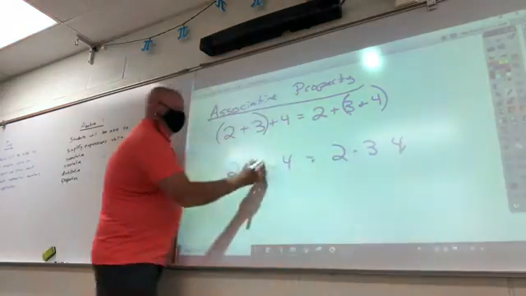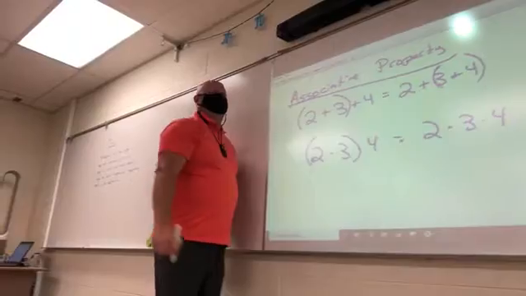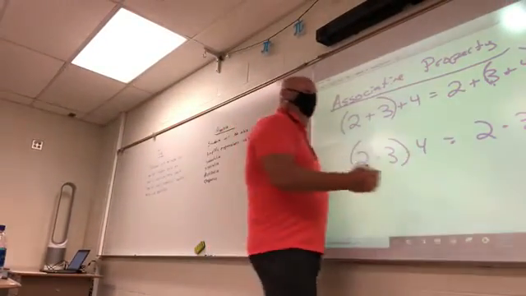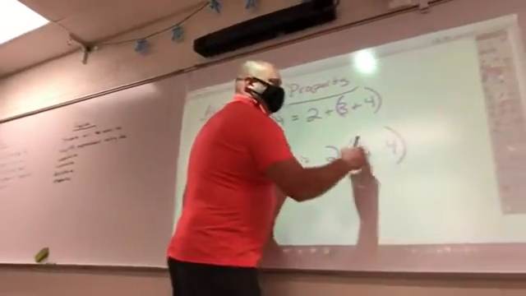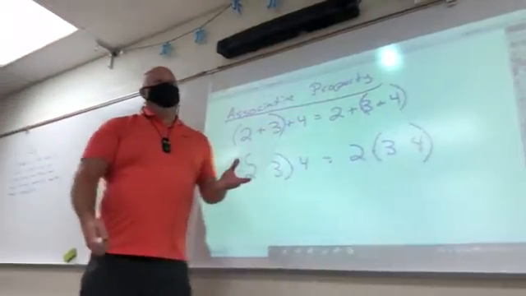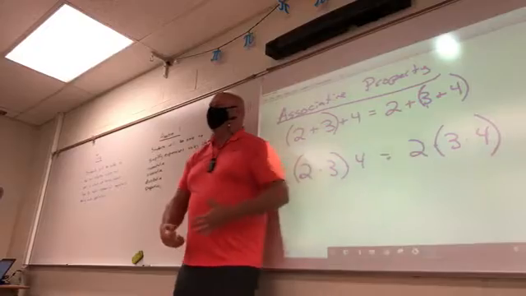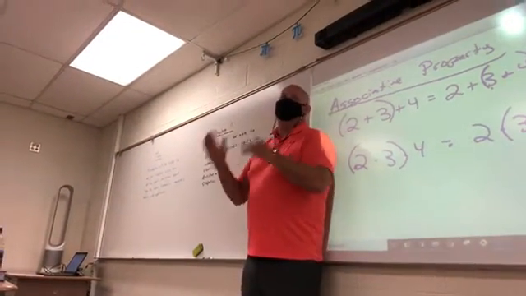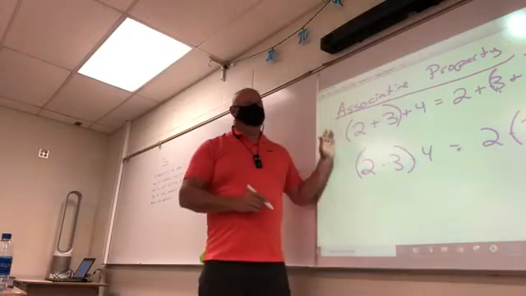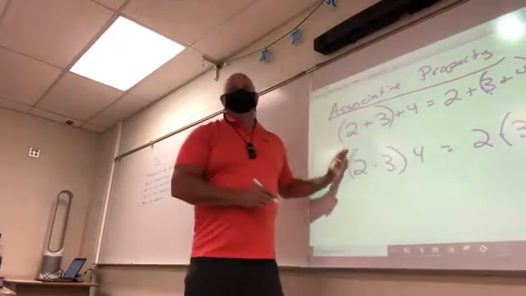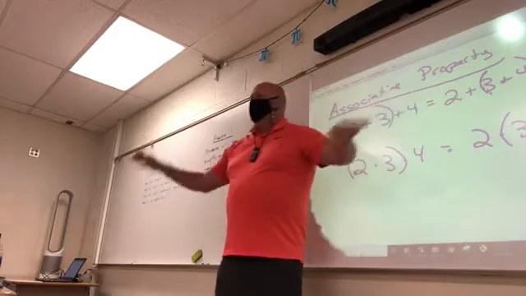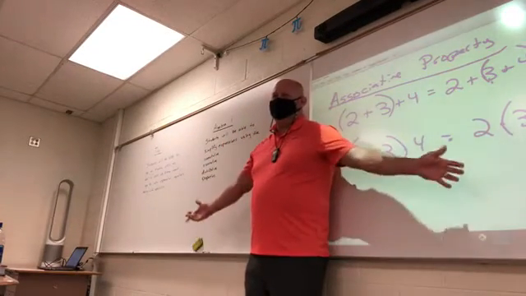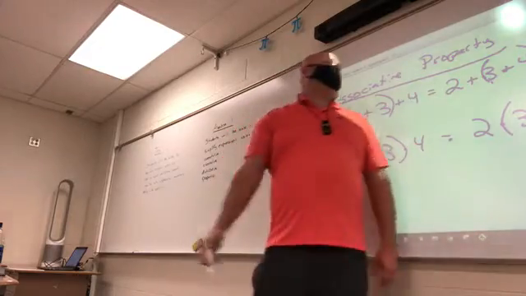It doesn't matter if I do 2 times 3 first, that's 6, and then 6 times 4, 24, or I could do 3 times 4 is 12, and then 12 times 2 would be 24. It doesn't matter the order in which I do it. As long as it's all addition or all multiplication, order doesn't matter. Make sense? Easy peasy?